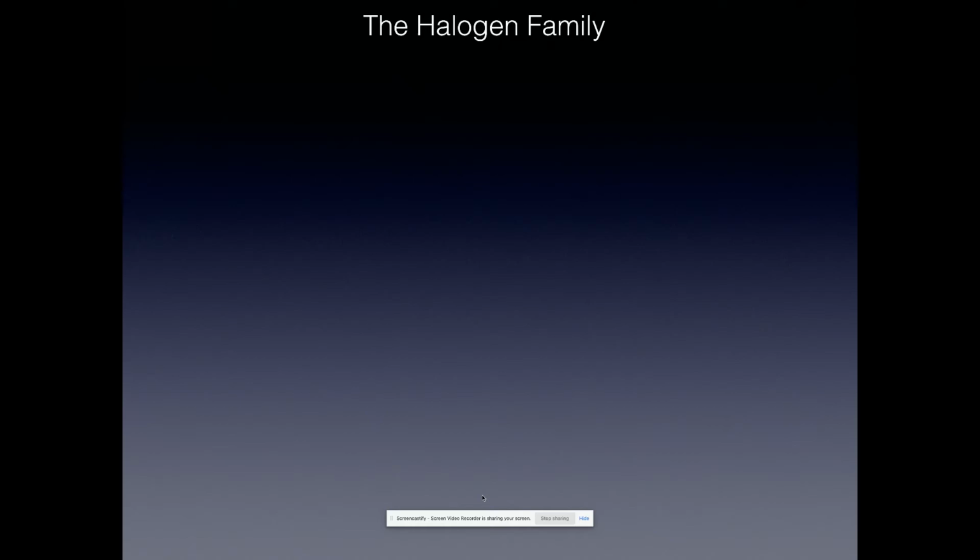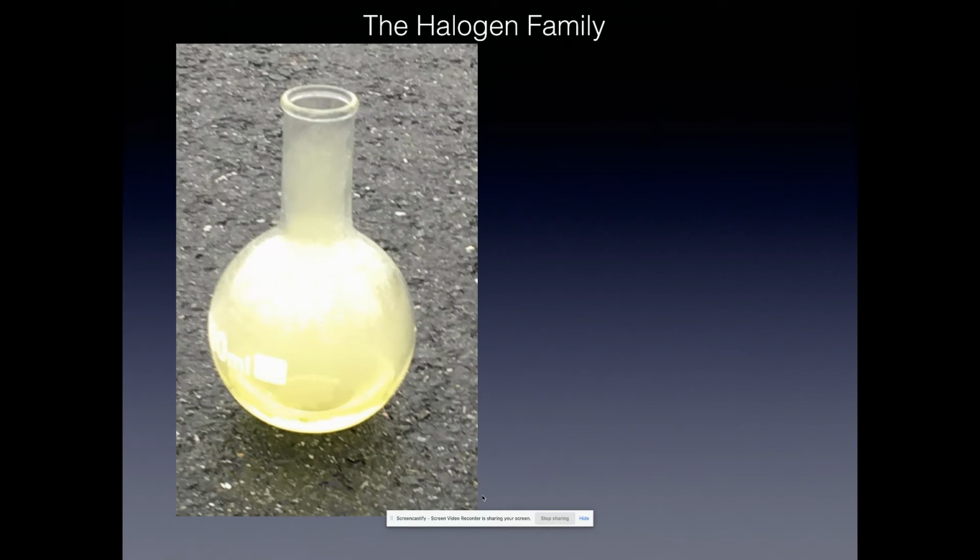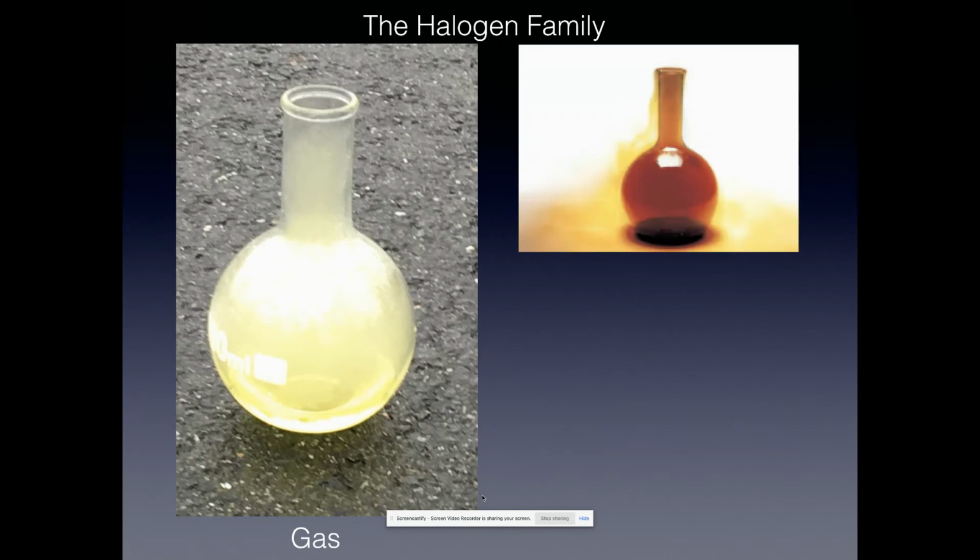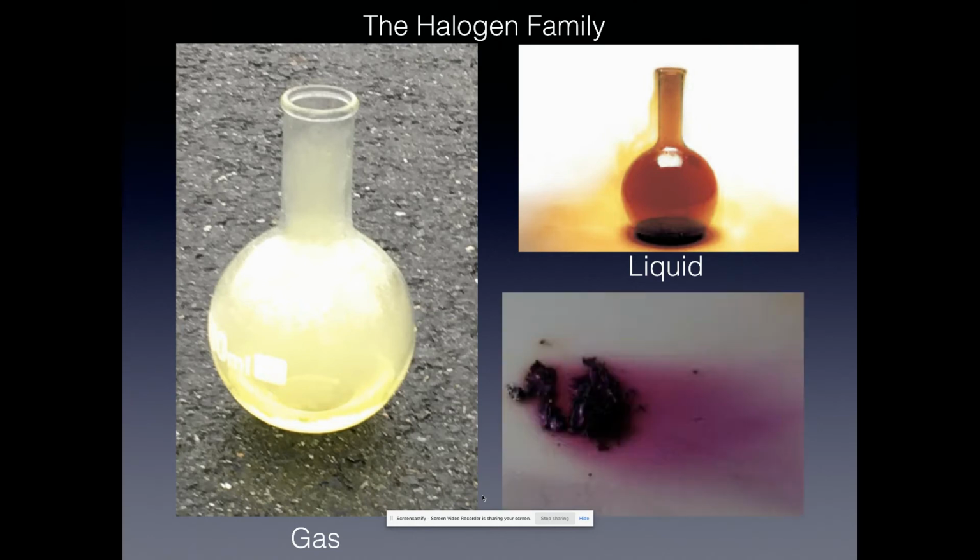But the impact of the intermolecular forces is very pronounced. So this is chlorine, and at room temperature, chlorine is a gas. This is bromine, and at room temperature, bromine is a liquid. This is iodine, and iodine at room temperature is a solid.